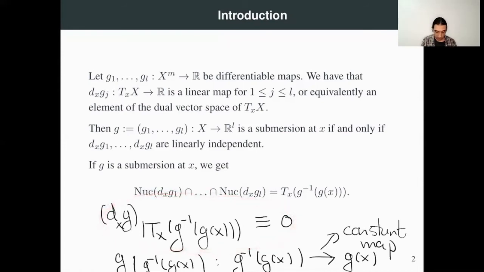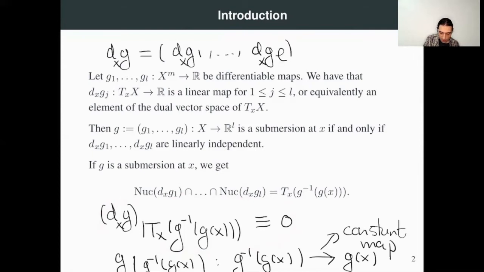Now, let's realize that the differential of G at X is the differential of G1 at X and so on till the differential of GL at X. So the kernel of this linear map is the intersection of the kernels of all these maps.